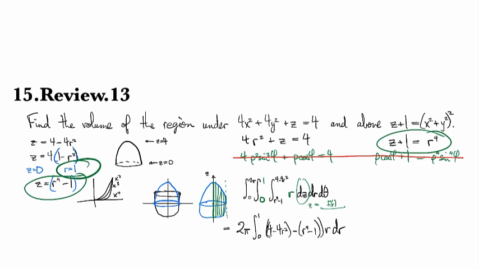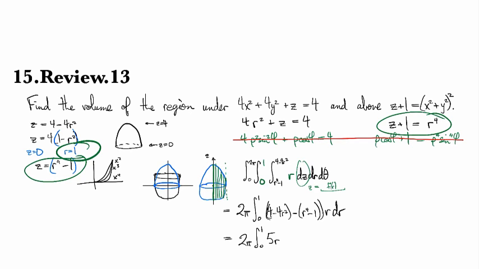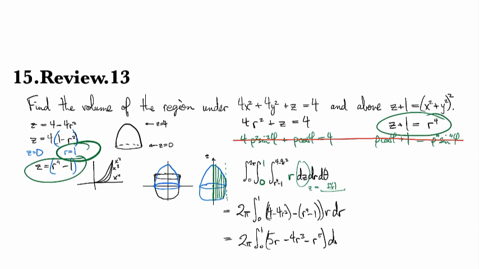And now it's just some polynomial, and not even a bad one. So we've got 2 pi integral from 0 to 1, and I'll multiply out some stuff and get 5r minus 4r cubed minus r to the fifth. Yeah, combine those two constant terms, dr.